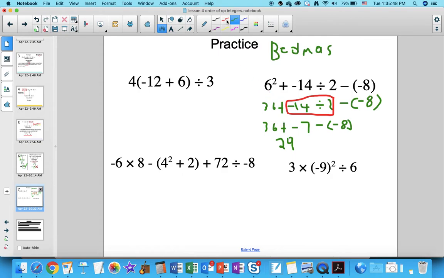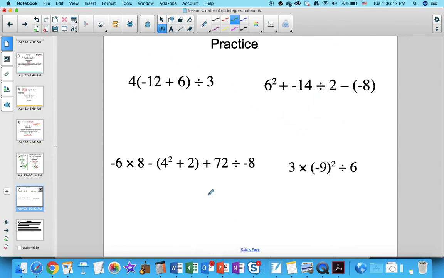So I'm doing this part here. And then minus 8. So I put the bracket there to denote that it's not just one big minus, it's negative 8. So I'm taking away negatives. So I'm basically adding. So the answer should be 37. Take it 2 numbers at a time.